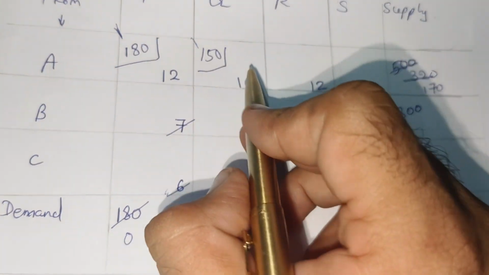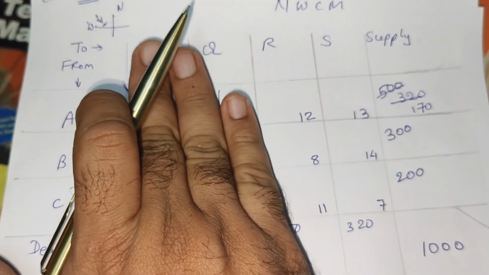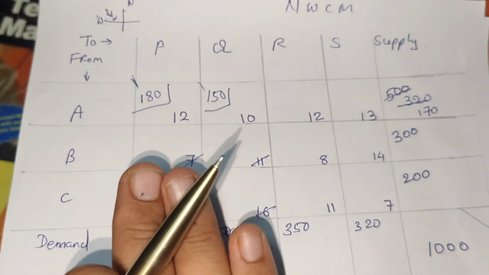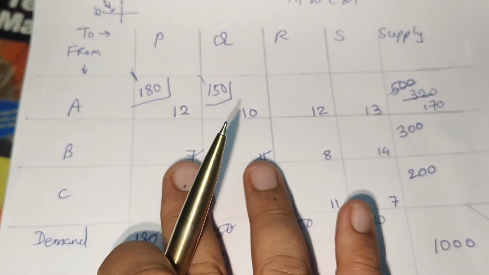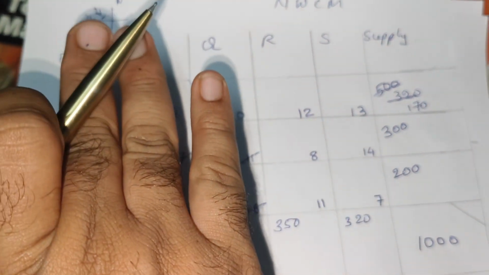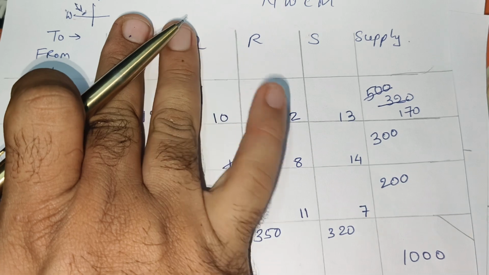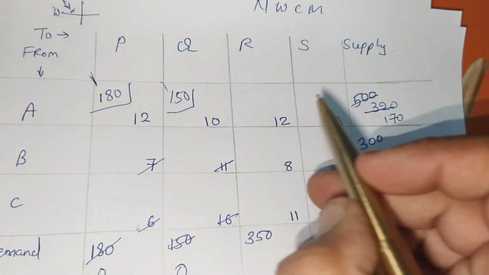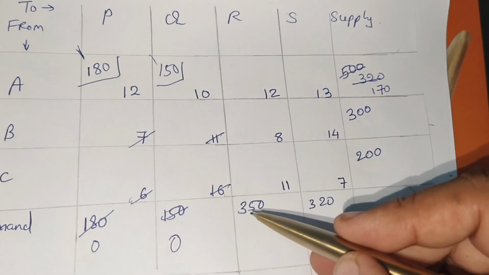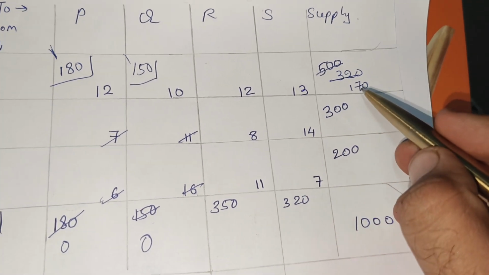Now again the same funda. Whatever has been allocated or the costs are scratched out, you do not consider. So now here R, again the northwest corner is this. Here you have 350 and 170.